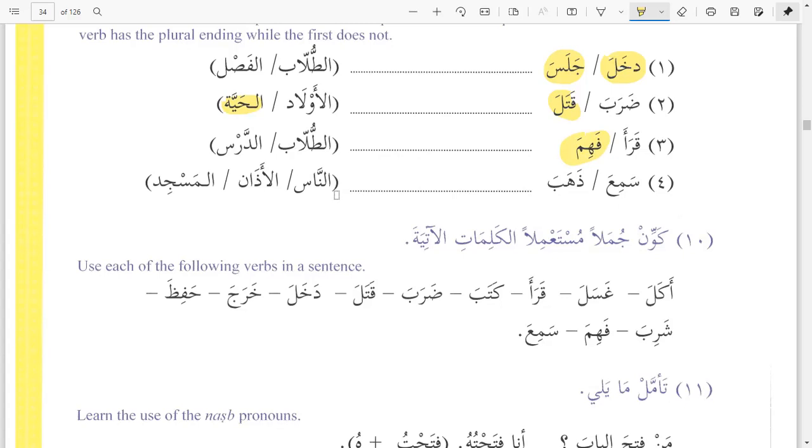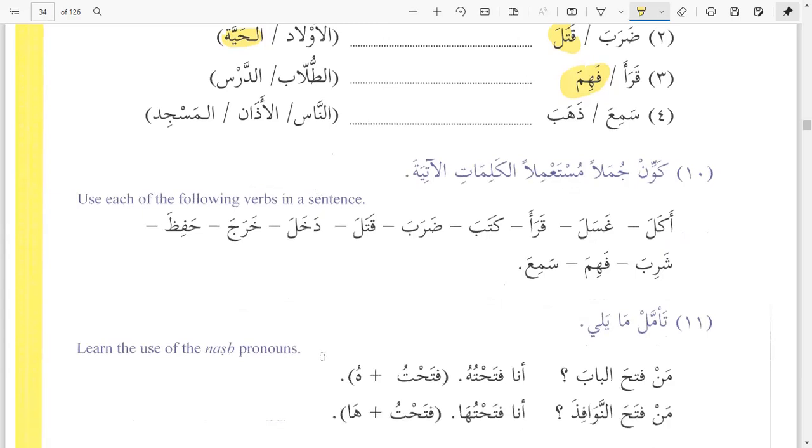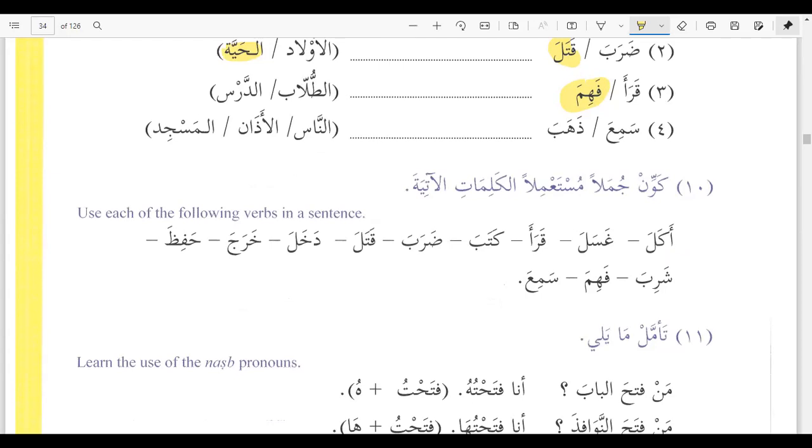Sami'an nasul adhana. The people listened to the adhan. Wa zahabu ilal masjidi. And they went to the masjid.